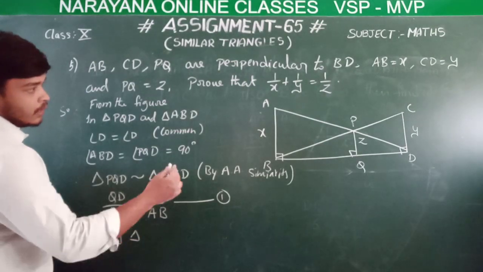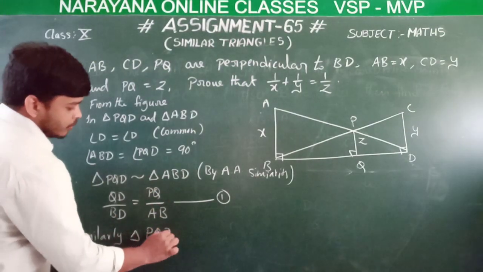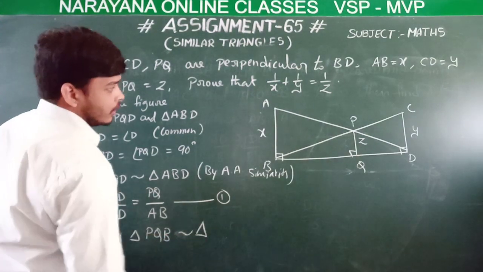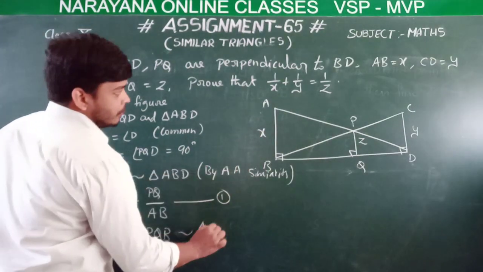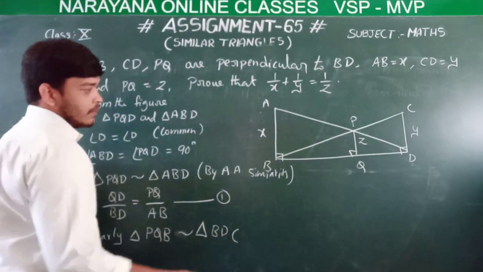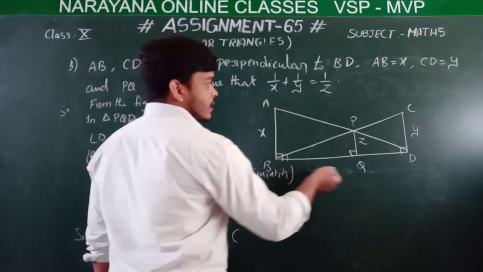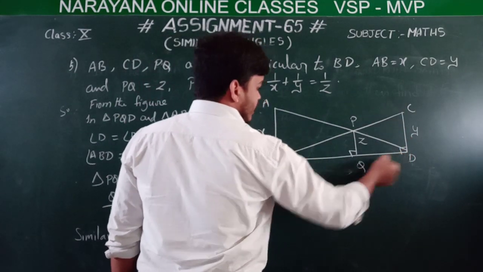triangle PQB is similar to triangle BDC. In the same way, here also B is common, and here angle PQB is equal to angle CDB.